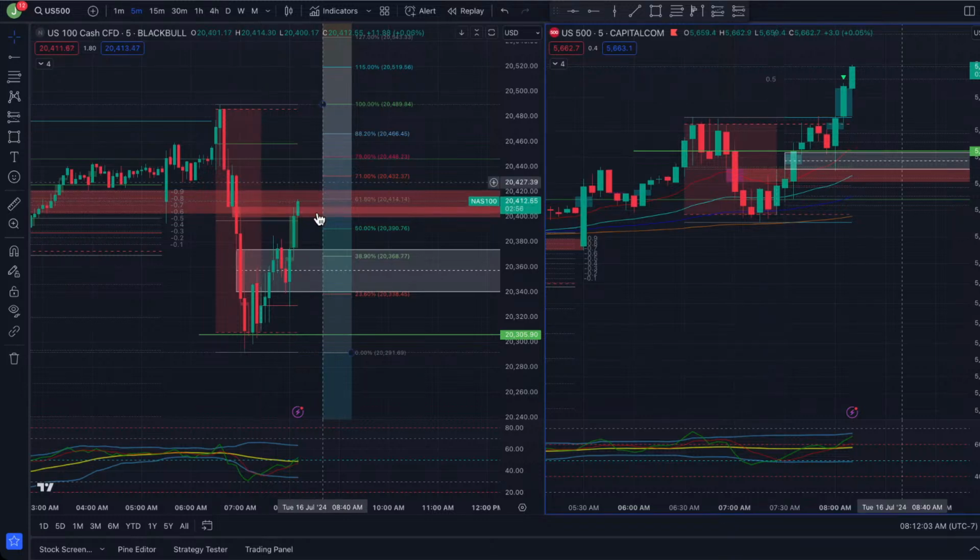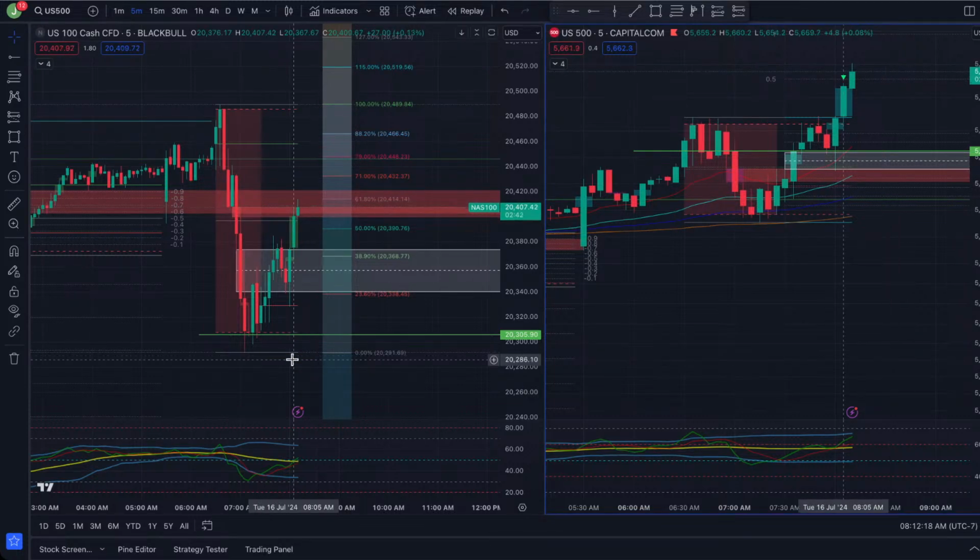If it closes above, if we see any immediate retracement now that we're in the golden zone between 61 and 79, or if this thing pushes through. Slowly getting some rejection.